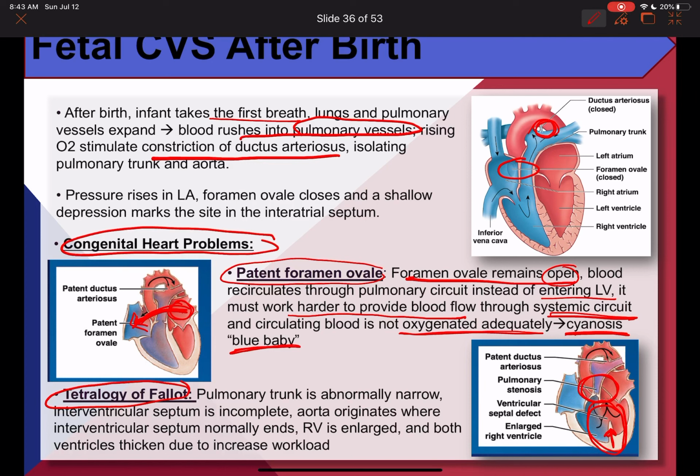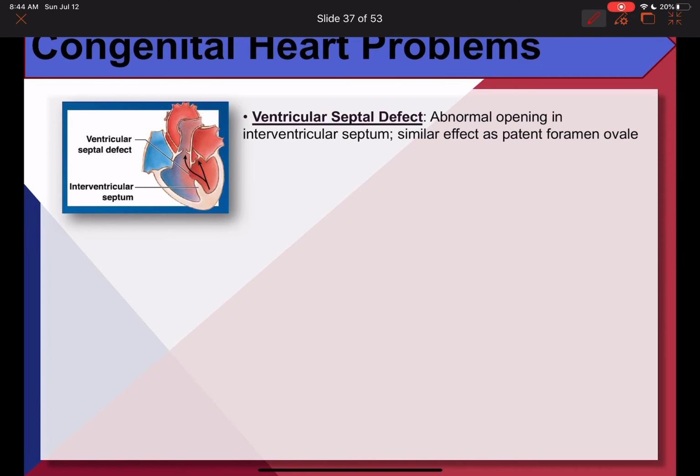The right ventricle is now enlarged because it's trying to push with a lot of pressure, and both ventricles end up thickened due to the increased workload needed to supply enough oxygenated blood to the rest of the systemic circuits, because you have this mixing of oxygenated and deoxygenated blood.